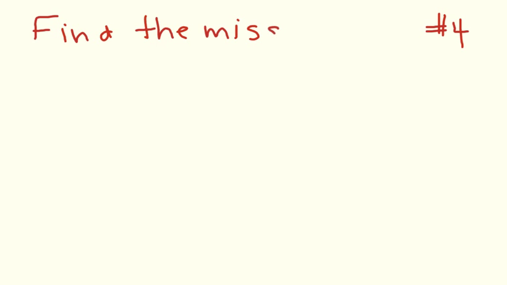Alright, so continuing on item number 4, over on the other side, back to your notes, we're going to be talking about finding the area of a triangle first. So in the example, it's going to say find the missing side of the triangle.